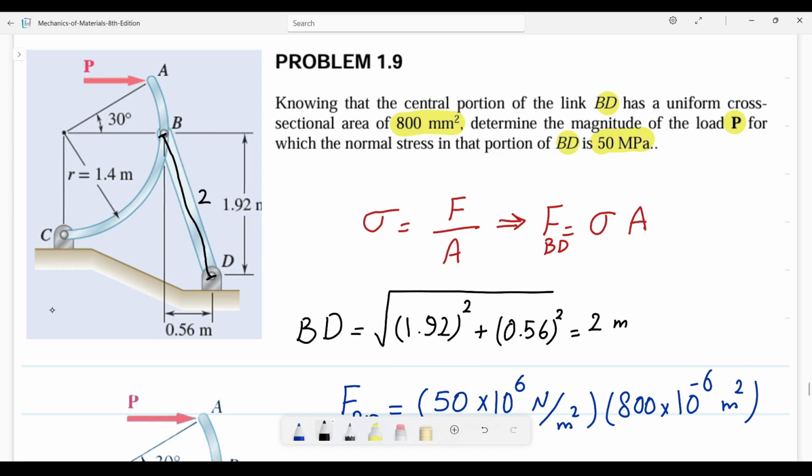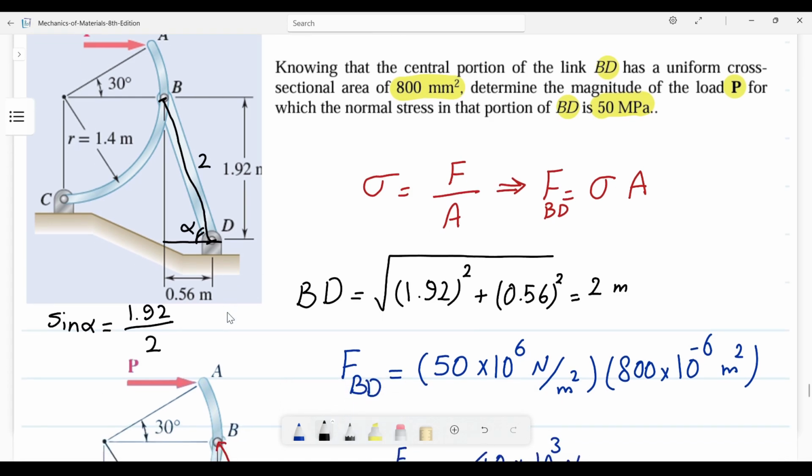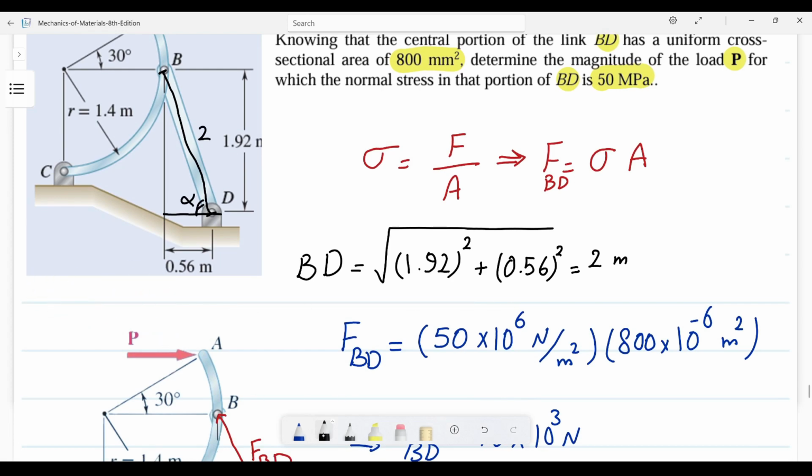And we know that, if that's alpha, sine alpha equals 1.92 divided by 2, and cosine alpha equals 0.56 divided by 2.